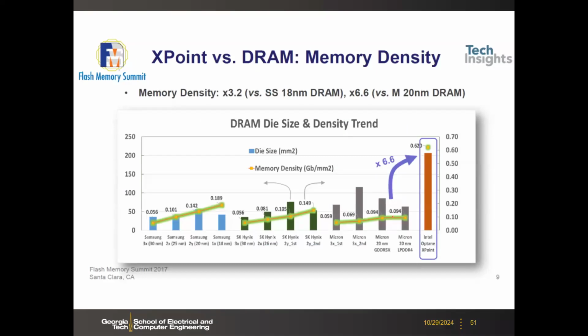Compared at that time, this was almost 10 years ago. The density, as I said, is about 0.6 gigabit per millimeter square, compared to the DRAM at that time, which was only about 0.15 gigabit per millimeter square. So it's about 6 times higher density than the DRAM at that time. Even today, it's about 50% higher.